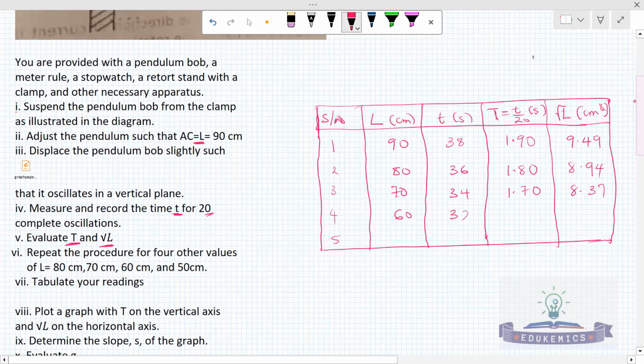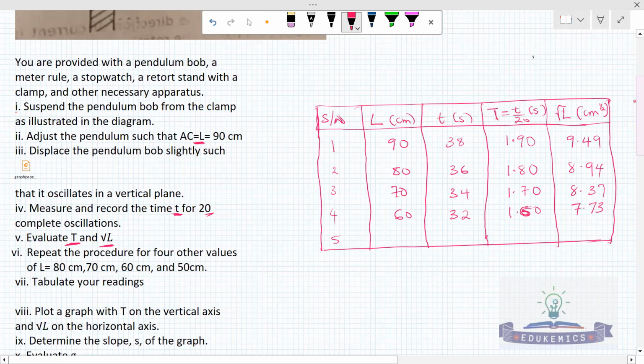Let's say it's 32 here. Then it's 1.60 here. So here should be 7.75.